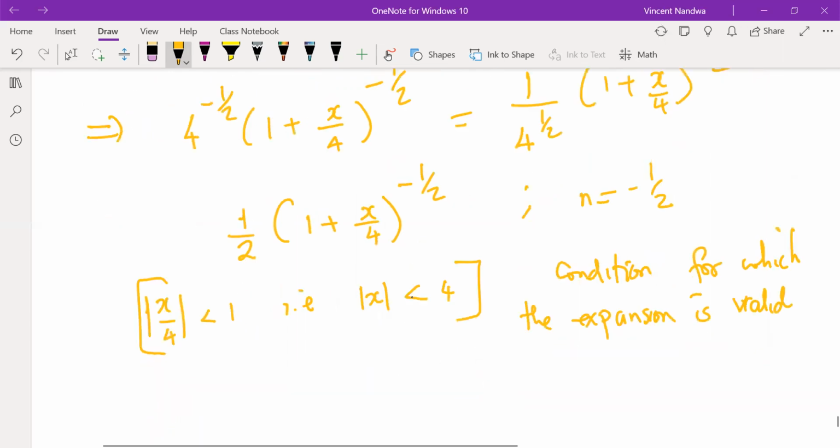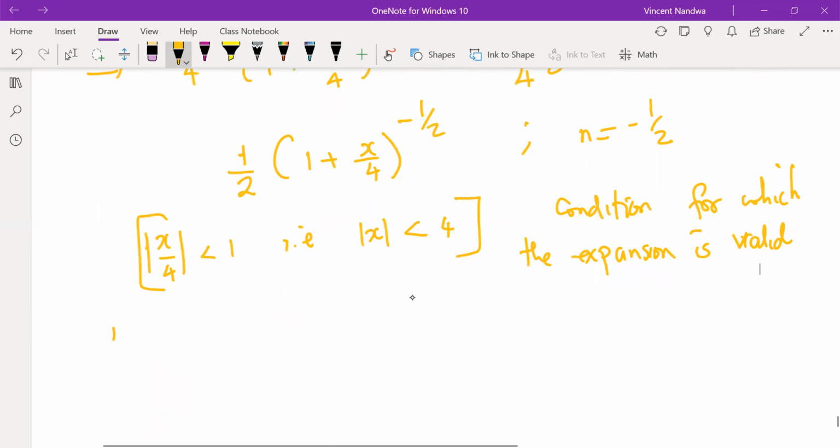Now, let's now have 1 over 2, (1 plus x over 4) power negative a half.